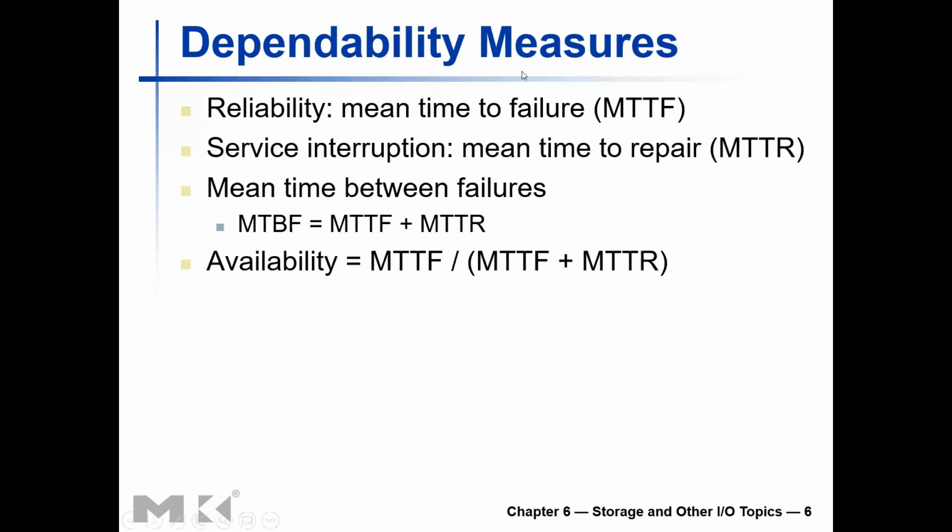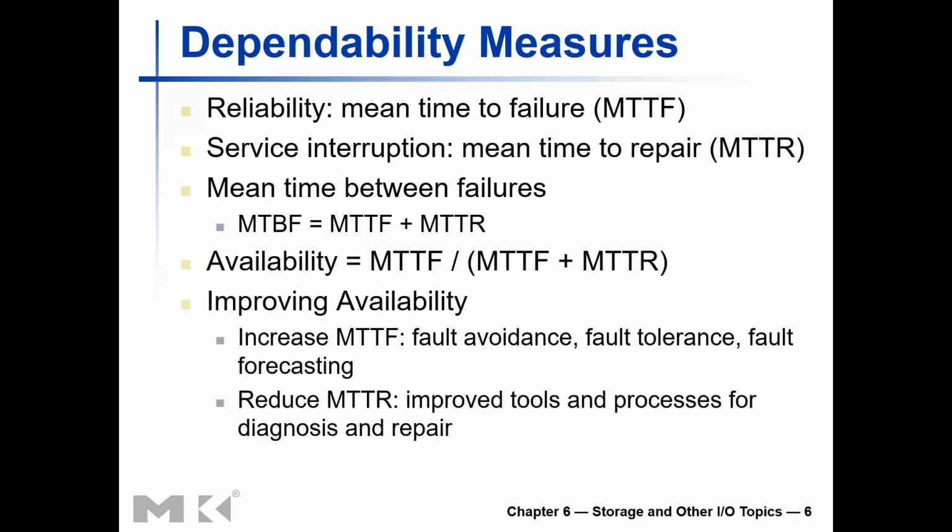And we have availability. Availability is defined as MTTF upon MTTF plus MTTR. That is the availability. Proportion of time the machine will be available.